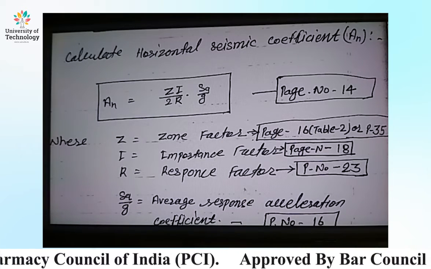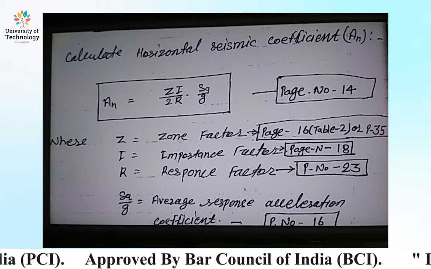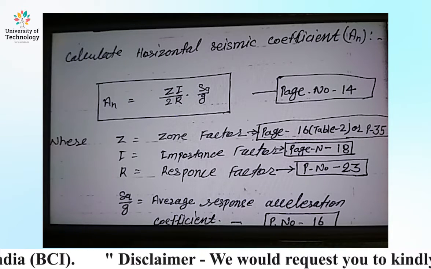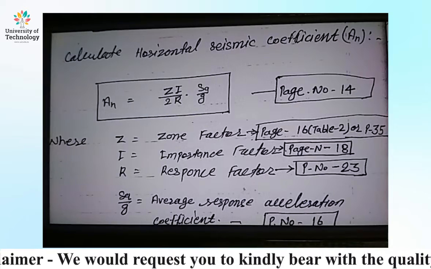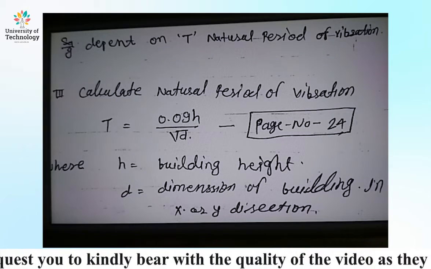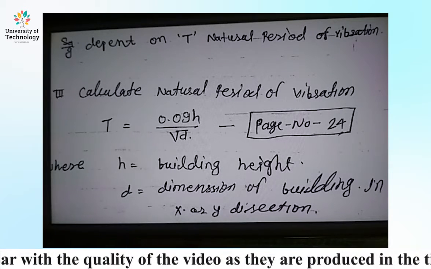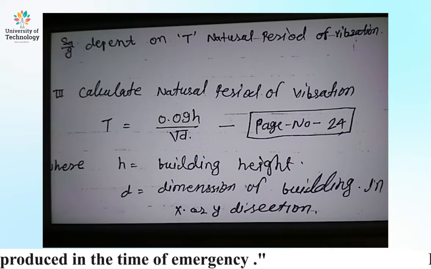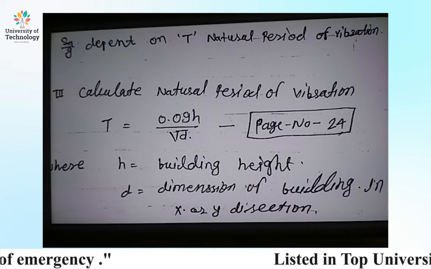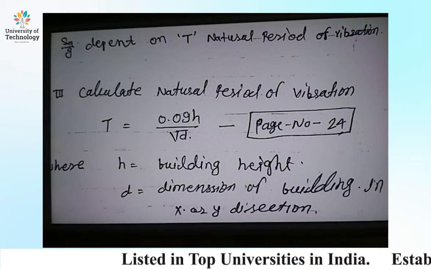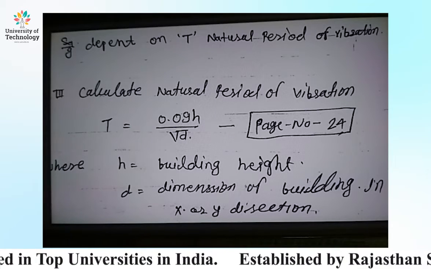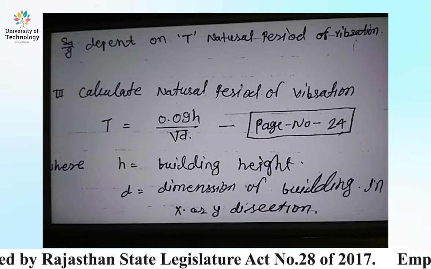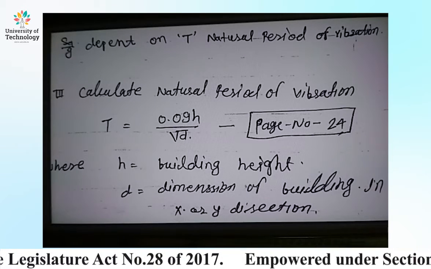Sa upon g is called the average response acceleration coefficient, which is also given on page number 16. Sa upon g depends on capital T, the natural period of vibration when an earthquake takes place. Then how much time the earth is shaking is denoted by capital T, the natural period of vibration.